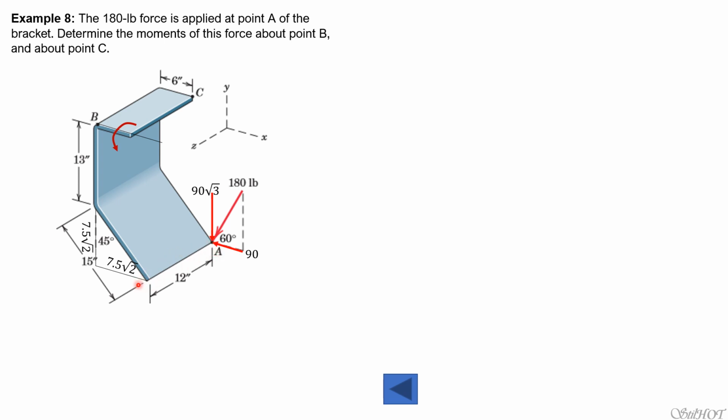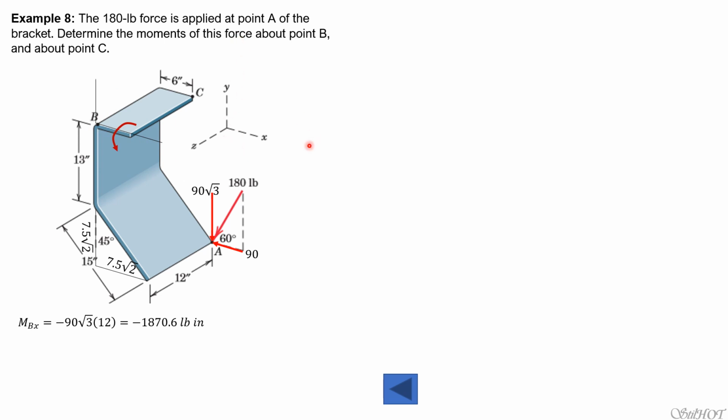I hope you can visualize the distance between Bx and Ax. It is this distance here, 12 inches. So it is negative 90 square root of 3 times 12. That's moment Bx. So MBx is negative 90 square root of 3 times 12. In decimal form, it is negative 1870.6 pound-inches.